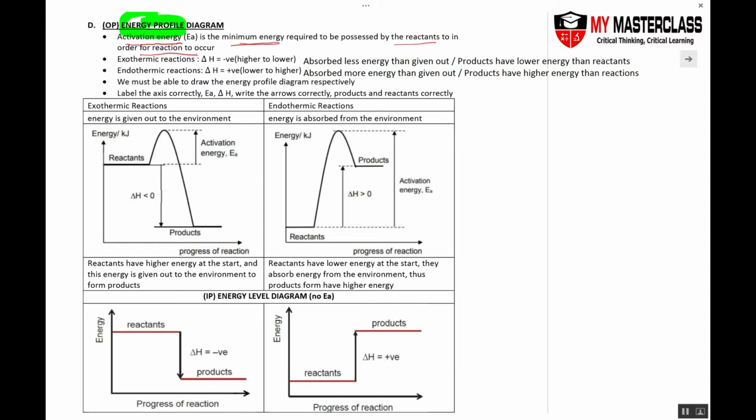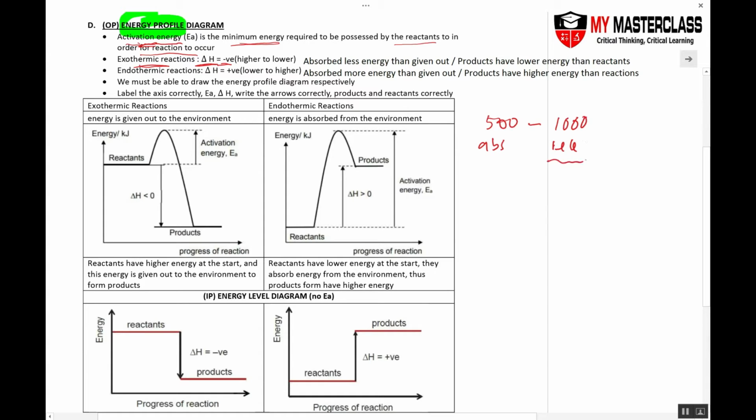So this energy, when I say enough energy, what is it? I'm talking about the activation energy. So as long as these particles have energy higher than activation energy, reaction can take place. Okay, exothermic reaction, delta H is negative, right? Remember, if energy is being absorbed, it's a small number over minus a big number; this is absorbed, this is released.